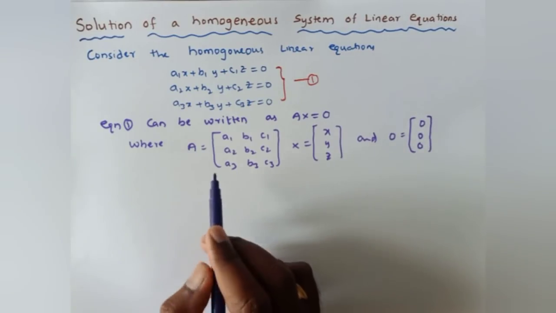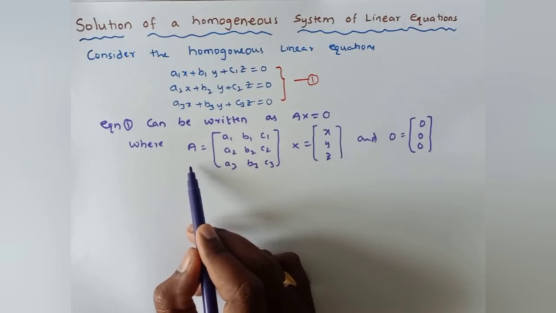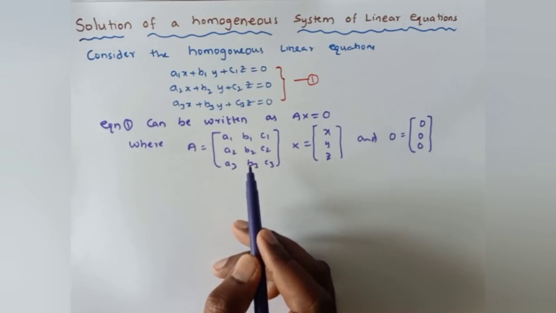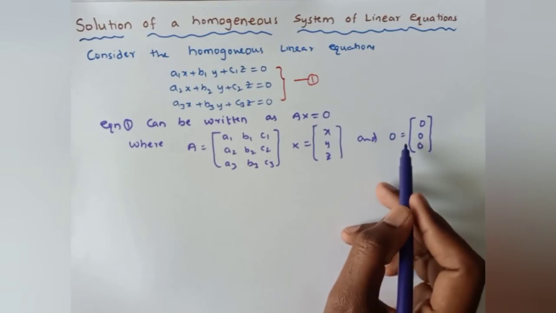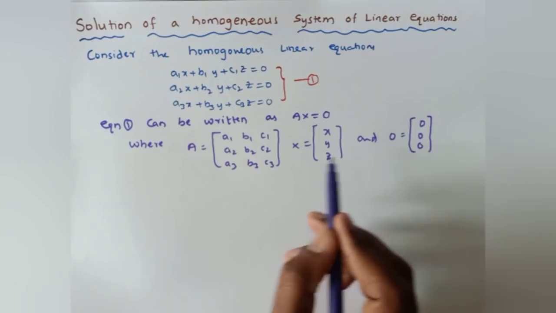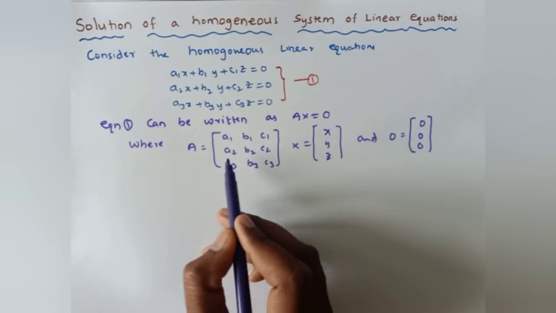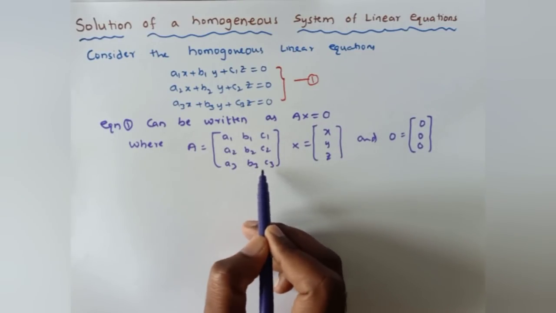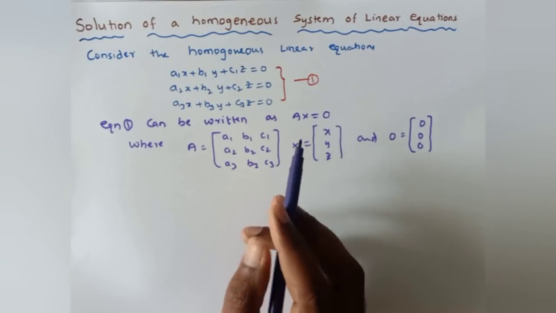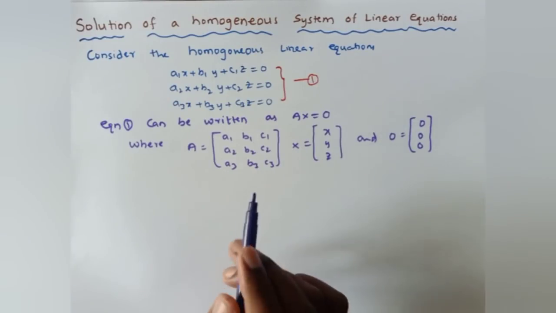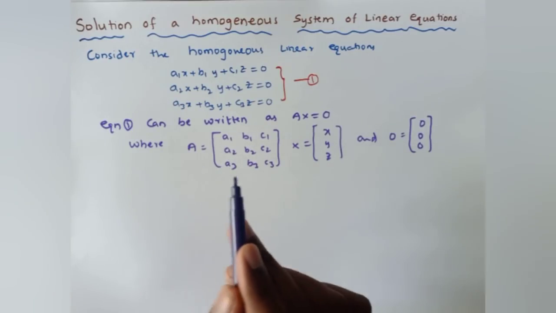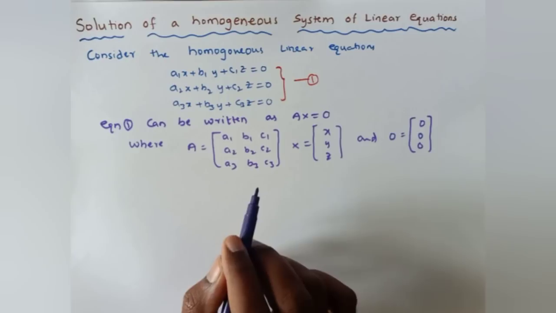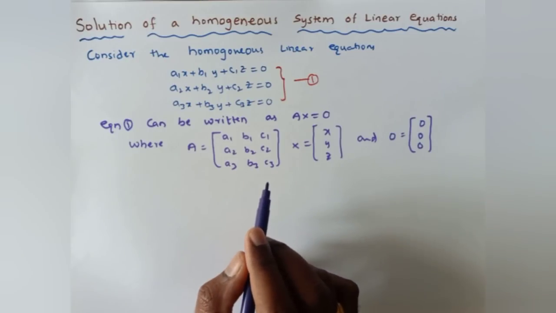Now clearly the coefficient matrix A, and if we consider the augmented matrix, augmented with zeros only, so that it is a1 b1 c1 0, a2 b2 c2 0, a3 b3 c3 0. There is no use of that augmented matrix, since the coefficient matrix A and augmented matrix both are the same, and they have the same rank also.